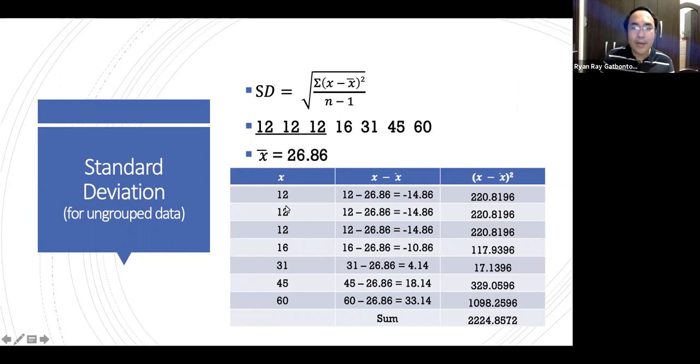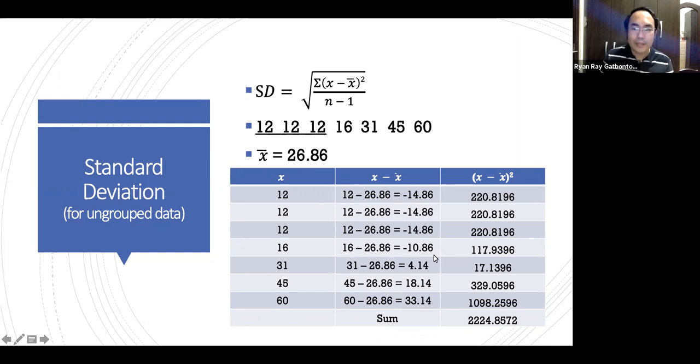Identifying the mean, we now identify the x minus x mean. We calculate it by finding first the difference between the value and the mean. Therefore, the first data, which is 12, we find the difference between 12 and the mean. Likewise, in the second data, which is also 12, we subtract the mean from the second data.